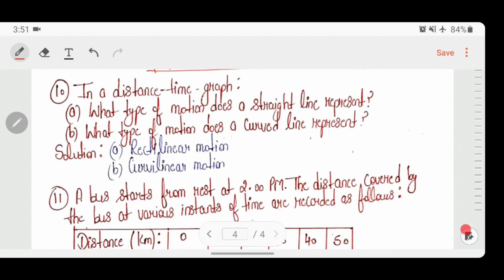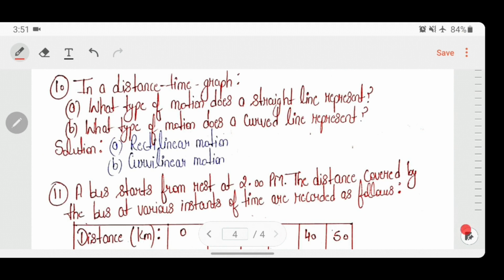Now students, let's move to the next question: in a distance time graph, what type of motion does a straight line show?